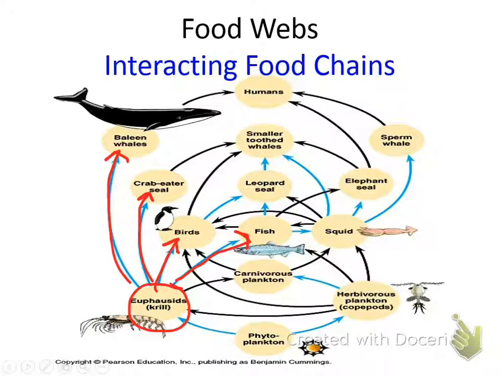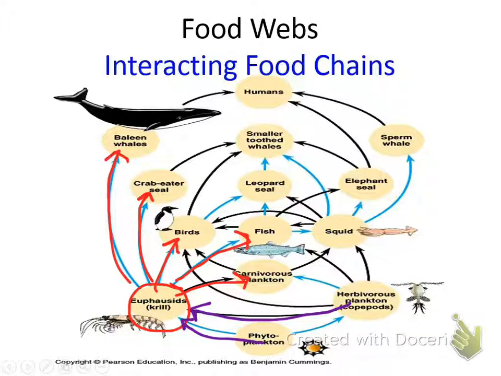So all those 5 right there eat the krill. But if you look at purple, the krill eats the phytoplankton and the herbivorous plankton. So you can kind of see how that goes. Different organisms, they eat multiple things and multiple things eat them. So that's a food web.